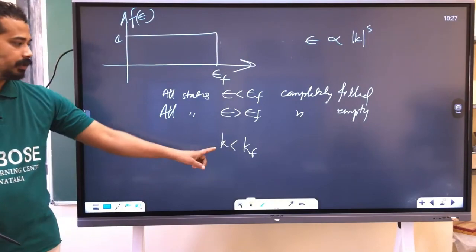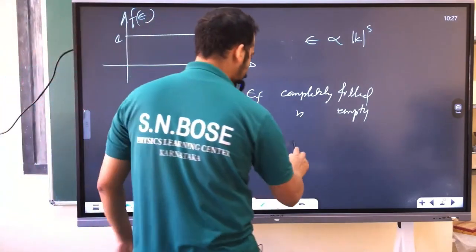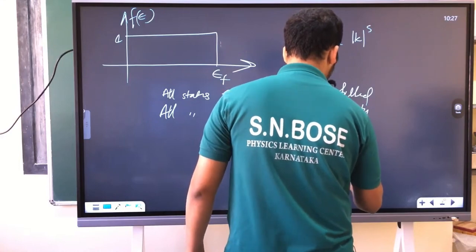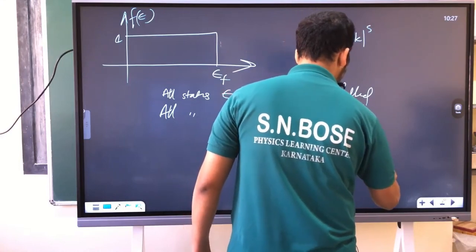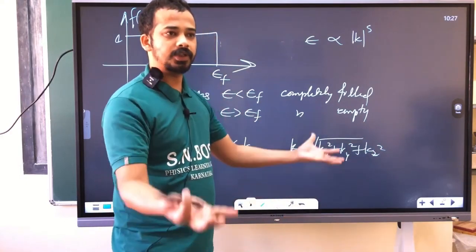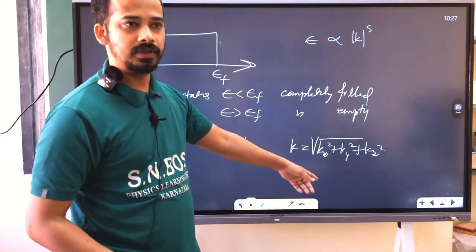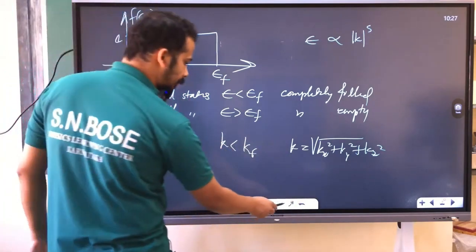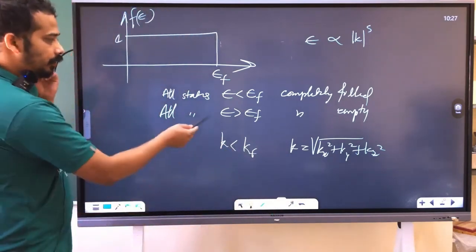That is a sphere, am I right? Because in the case of 3 dimensions, K is root of Kx square plus Ky square plus Kz square. What do you mean by K less than some value? That's a spherical volume region, isn't it? Think in spherical polar coordinates. So that's how I just argued.